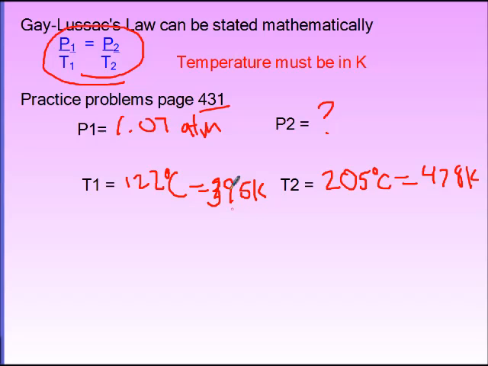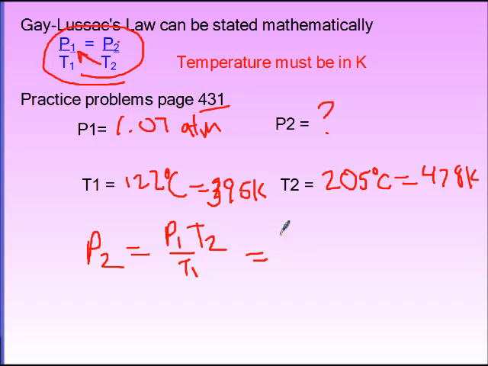So when I go to use Gay-Lussac's law, I'm trying to find P2 right here. So when I rearrange, this T2 is going to go to the top. Multiply both sides by T2, and I get P1 over T1 times T2. And again, think before you start the problem. My temperature went up, so my pressure should go... Figure it out?